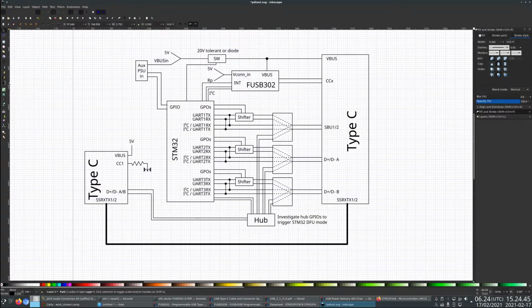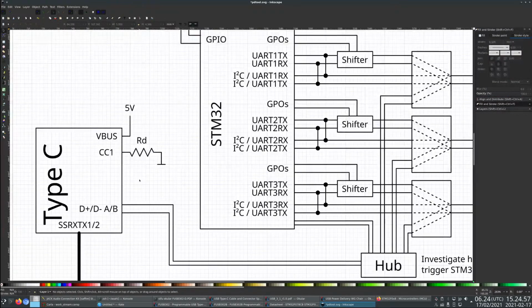Yeah. And then nothing on the CC2, right? Nothing on VCON. It's just 2 of there's 3. Interesting. Also, I feel like this is backwards for some reason. Whatever.